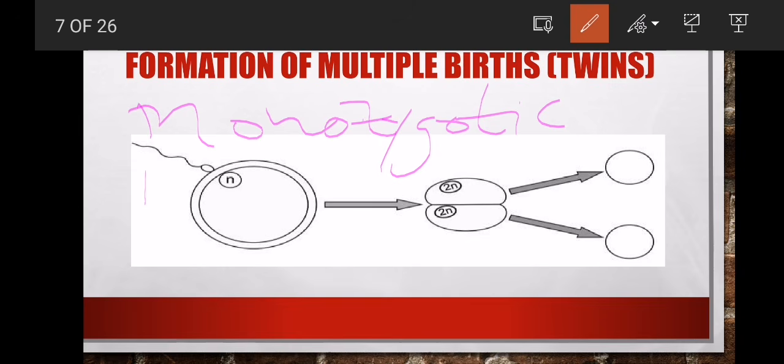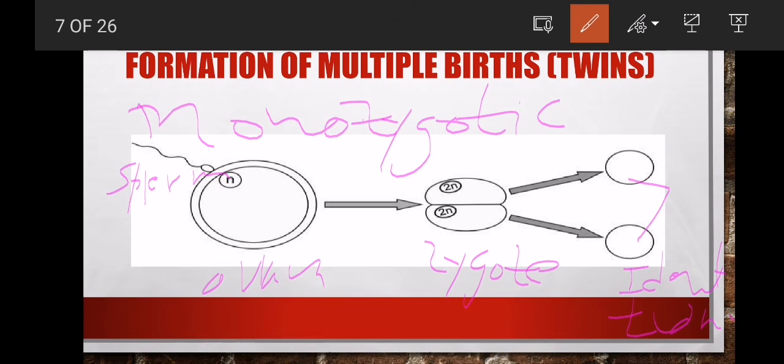The one sperm cell will fuse with one ovum. They fuse to form what? A zygote. The zygote will develop until they form what? Identical twins.